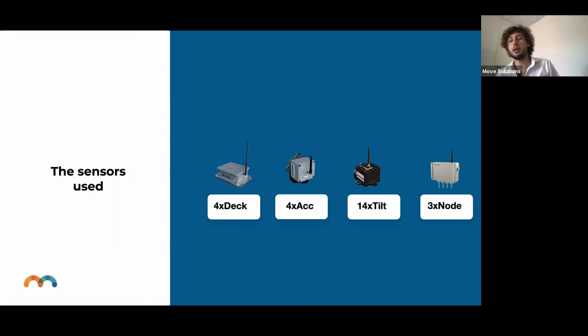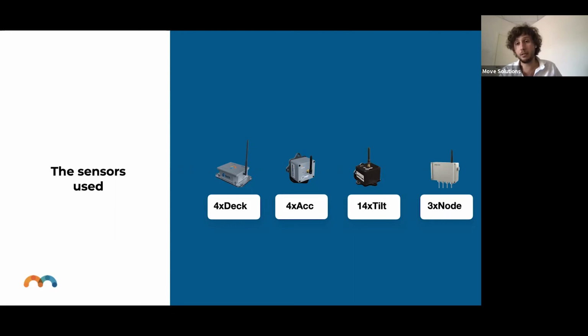Now, let me tell you this: it's not an easy bridge, but you can see that the number of sensors is still really limited. It's not a lot. Actually, I said it is 1 bridge, but by the way, they are 2 twin bridges, one placed beside the other. So there are 2 bridges.